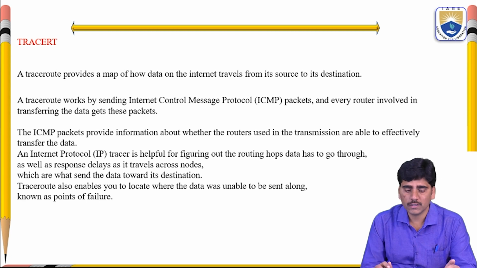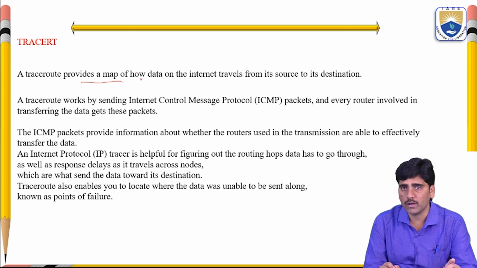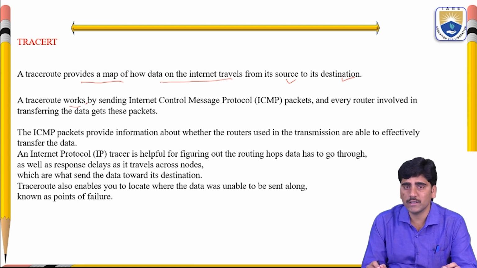Here we understand the traceroute command. Traceroute provides a map of how data on the internet travels from its source to its destination, and how many hops are used by the ICMP protocol to reach the destination. Traceroute works by sending ICMP packets, and every router involved in transferring the data gets these packets.